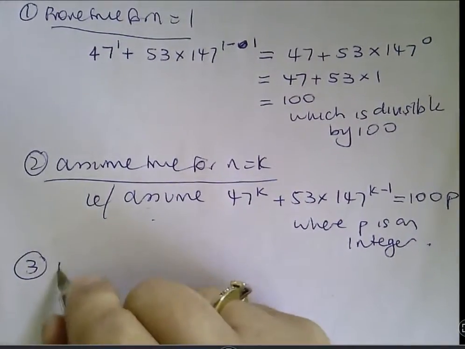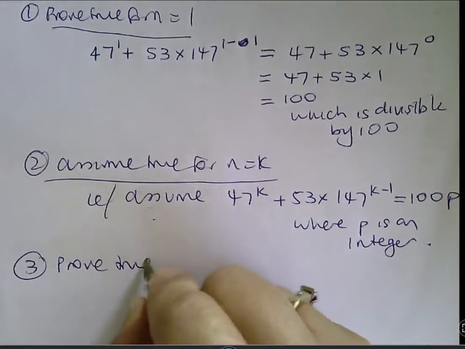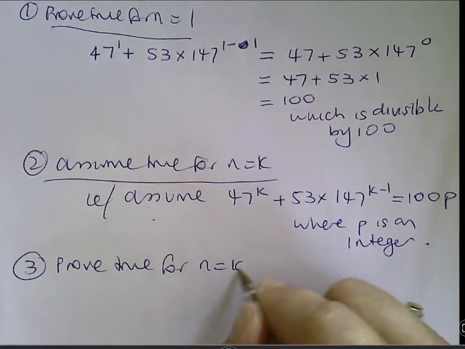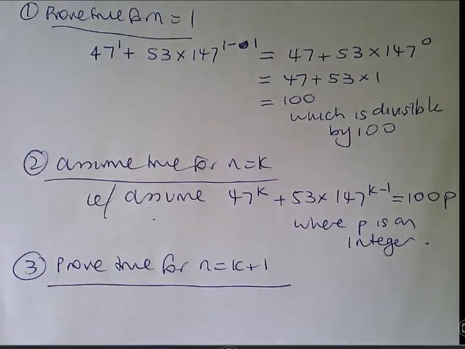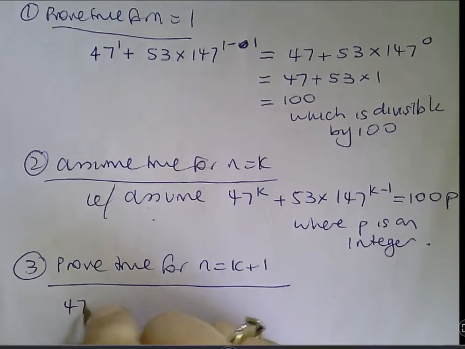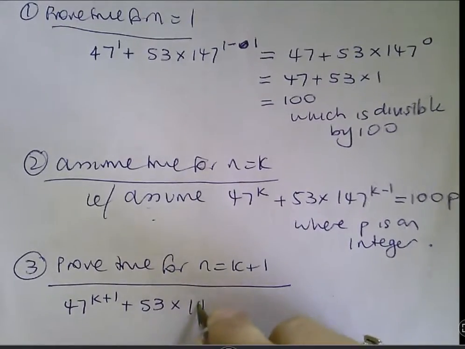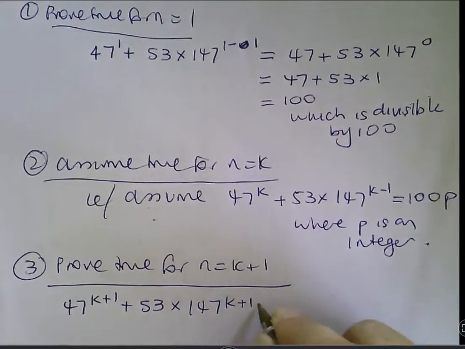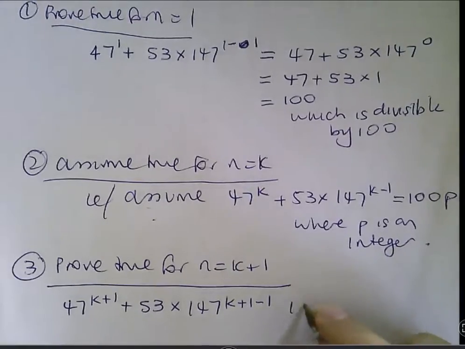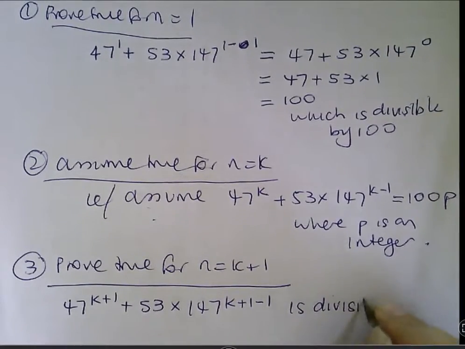Step 3. Prove true for n equals k plus 1. That is, we have to prove that 47 to the power of k plus 1 plus 53 times 147 to the k plus 1 minus 1 is divisible by 100.